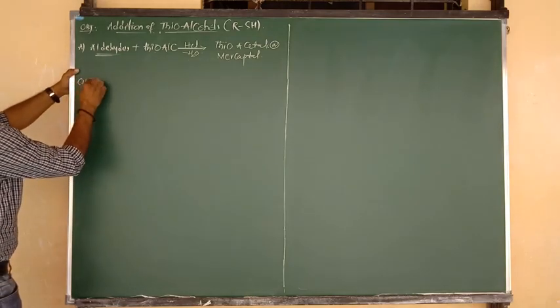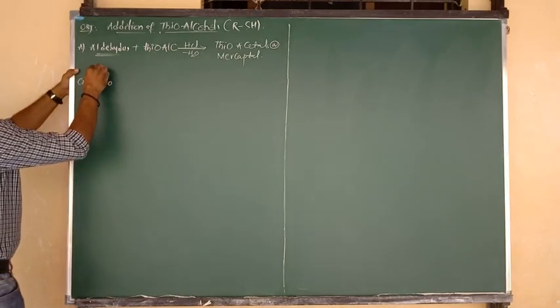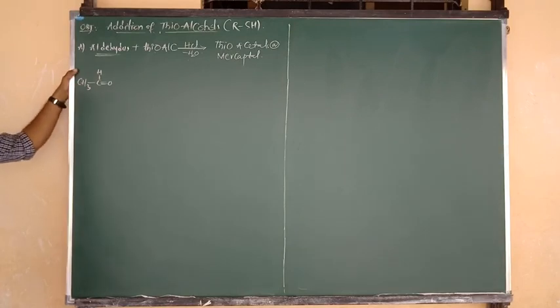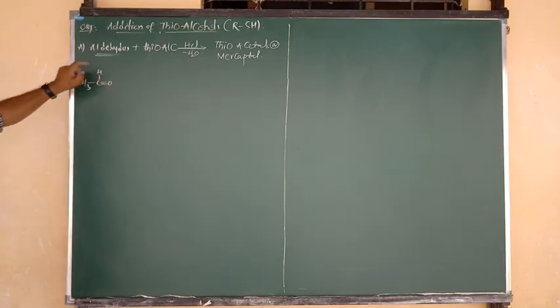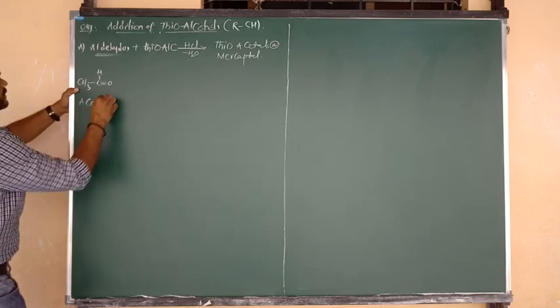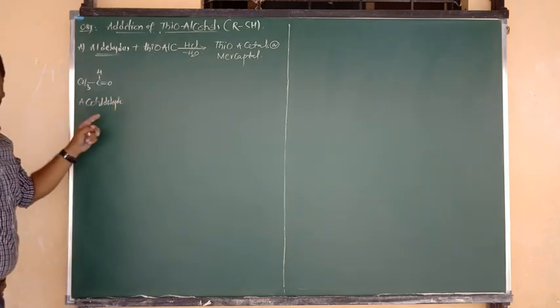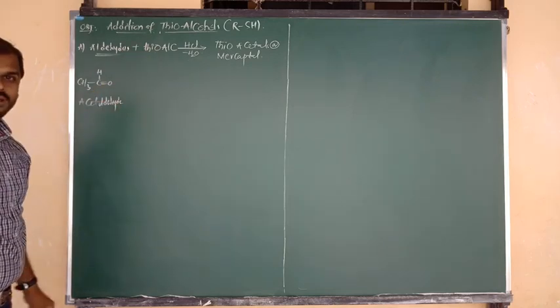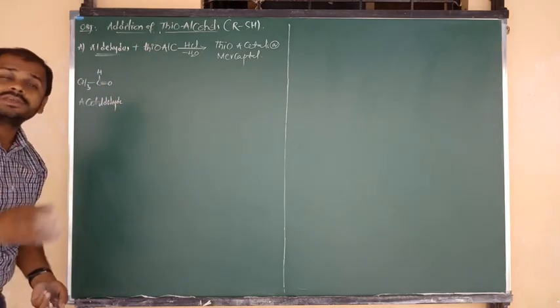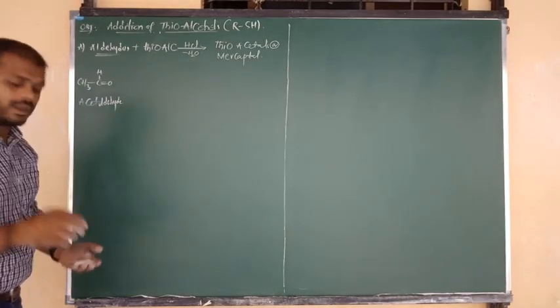CH3 bonded to C double bond O bonded to H. What is the name of this compound? Acetaldehyde. Acetaldehyde upon addition with thioethyl alcohol, or we can say ethyl thioalcohol.